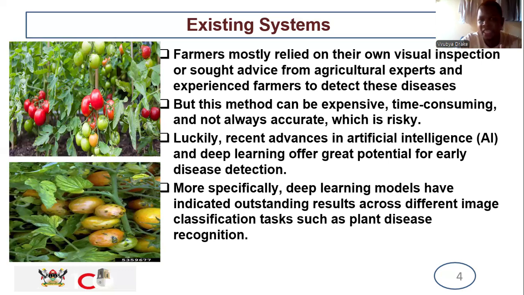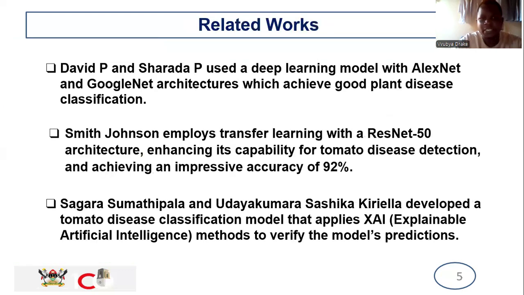Luckily, recent advances in artificial intelligence and deep learning have offered great potential for early disease detection. Many deep learning models have been implemented, indicating outstanding results across different image classification tasks, such as plant disease recognition. David P. and Shadara P. used a deep learning model with AlexNet and GoogleNet architectures that achieved good plant disease classification.